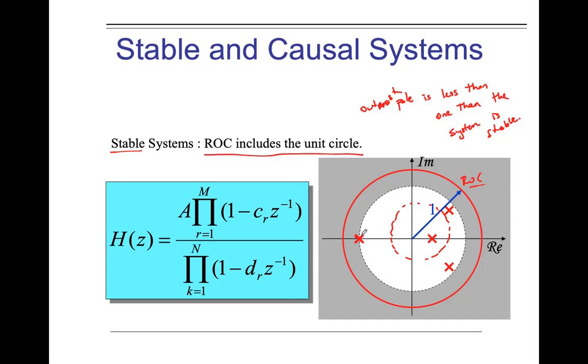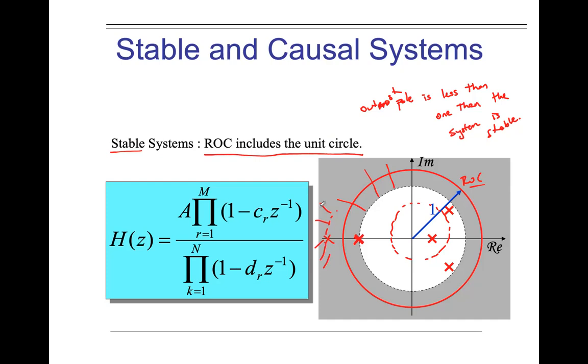If my outermost pole is less than 1, then my ROC will include the unit circle. If my outermost pole is greater than 1, which is somewhere here, for example, then I will shade the outer part of this thing. Then I may have a stable, I may have an unstable system.